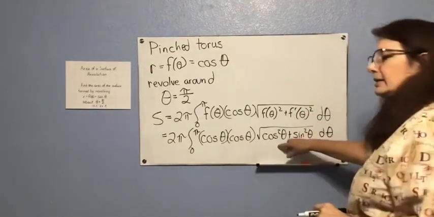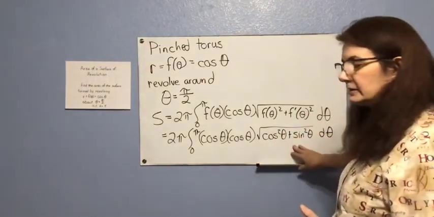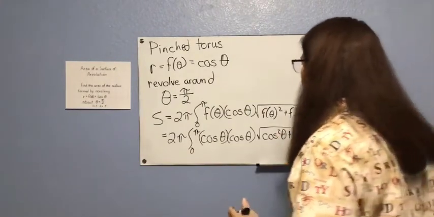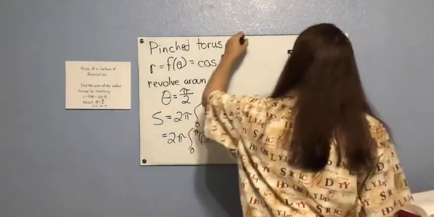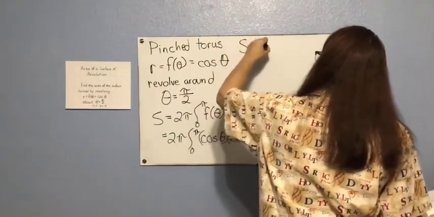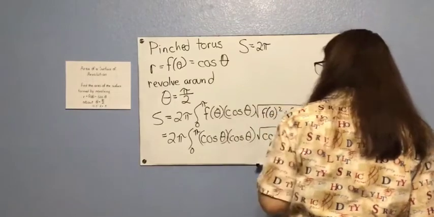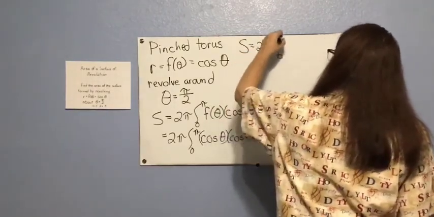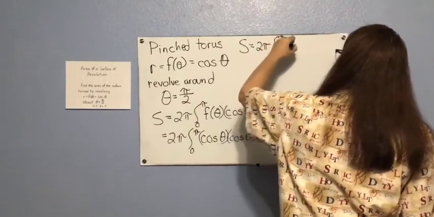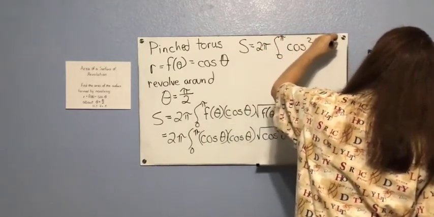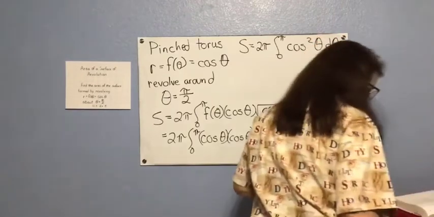Well, cosine squared theta plus sine squared theta is just 1, so when I take the square root, this is all going to be 1. So now all I have is that S is equal to 2 pi times the integral from 0 to pi of cosine squared theta d theta.